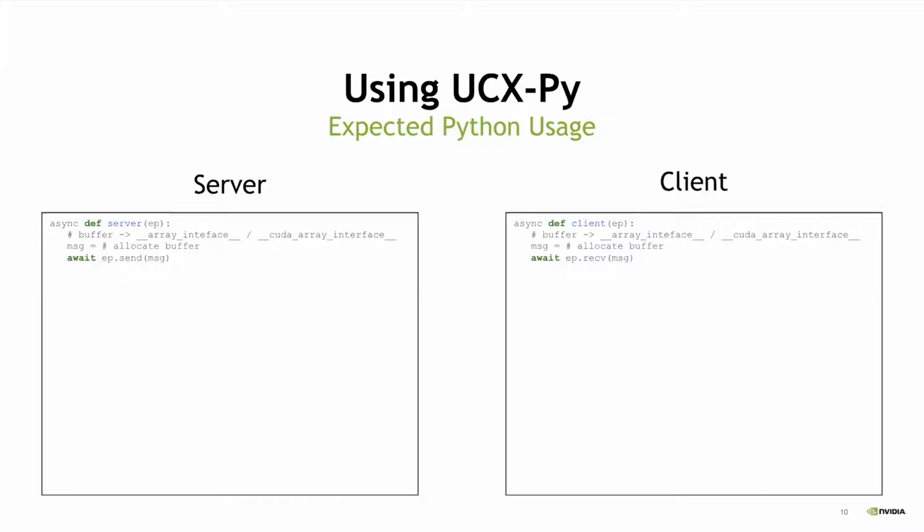In Python, we have these asynchronous functions that we can use an await statement to wait on the completion of that before moving on. So it's very much an asynchronous kind of interface, but it's very widely used in Python.